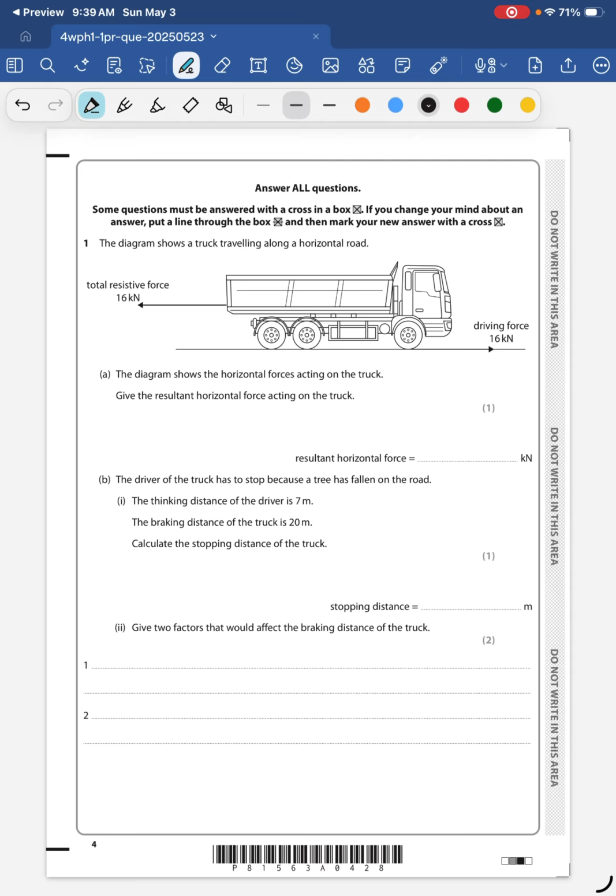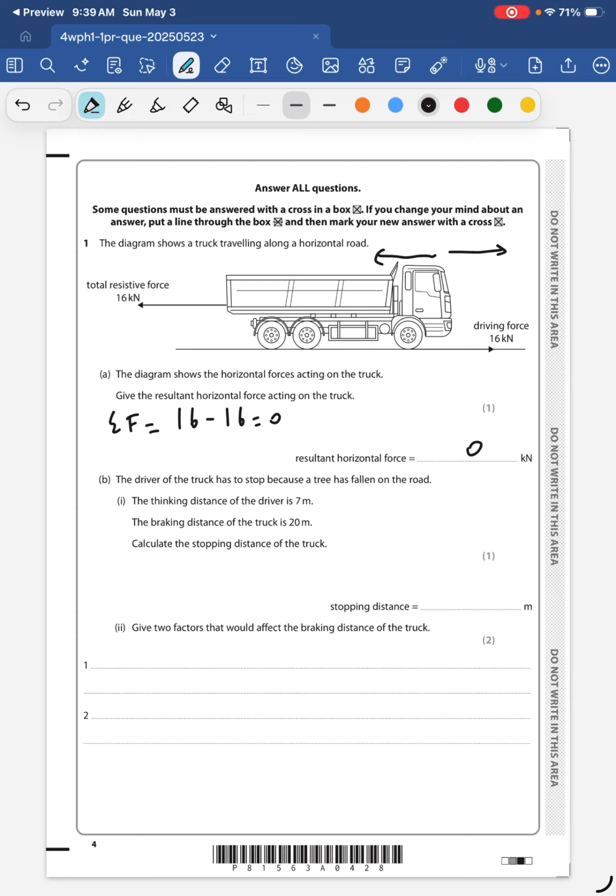Give the resultant horizontal force acting on the truck. We have a positive force forward to the right and a negative force backwards, so we have to sum them up. Sigma F, the total of all forces, is 16 minus 16, so 0. So no force, so 0 kilonewtons.